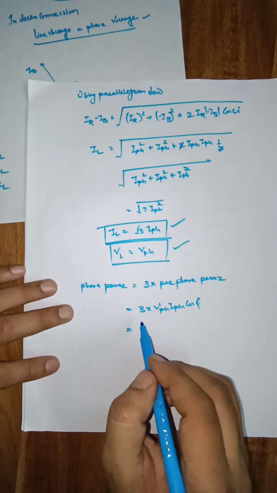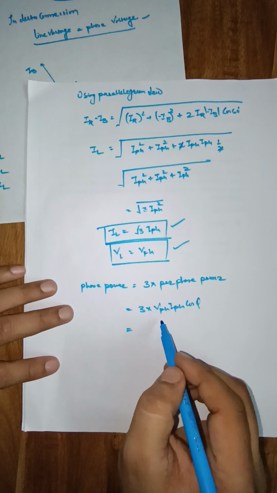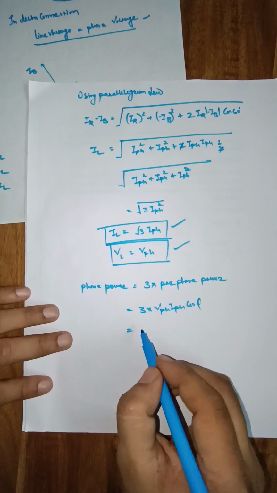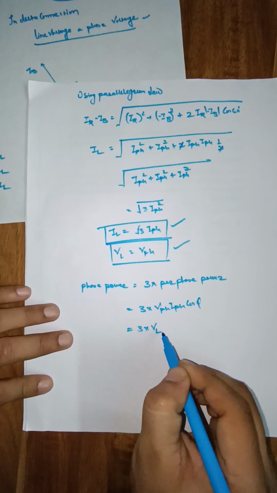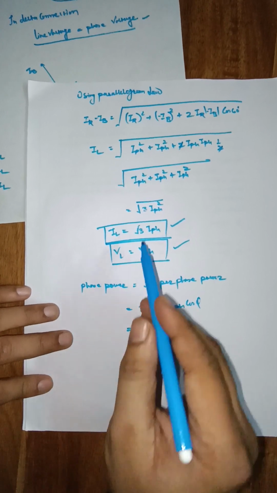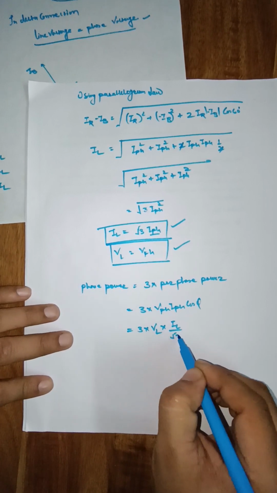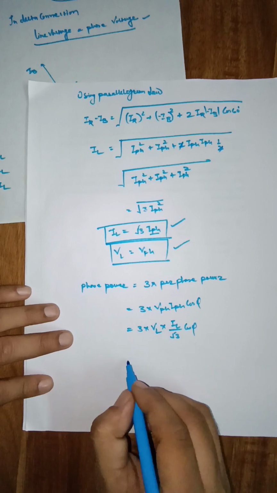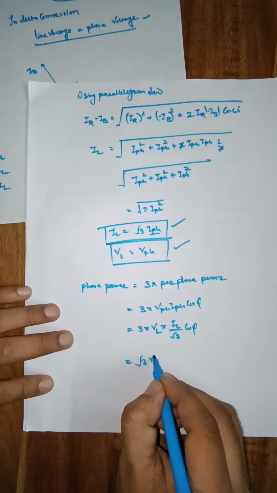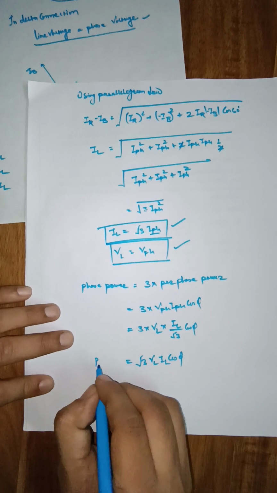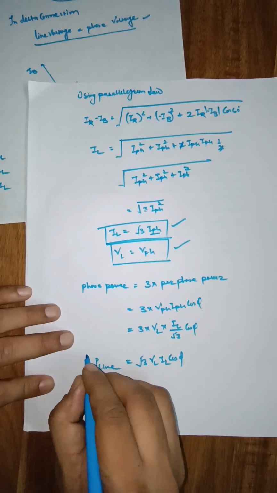Now let us convert this phase power into line power. So at the place of VPH, what we can write? VL as it is, and at the place of IPH we can write IL by root 3. IL by root 3 cos phi. So it will be equal to root 3 VL IL cos phi. This is your line power.